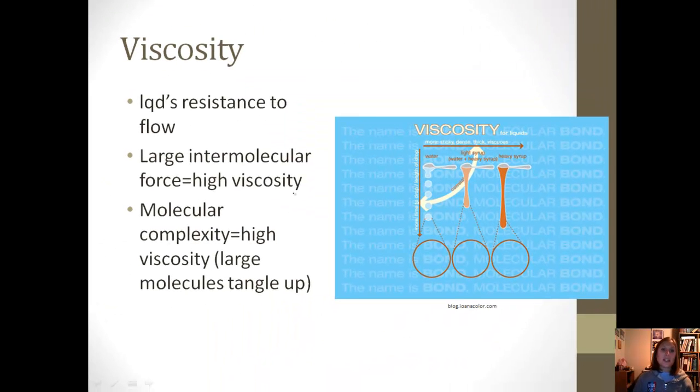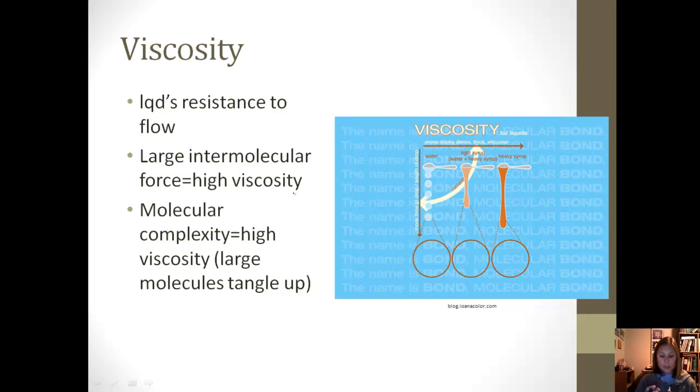Okay, another property of a liquid is viscosity, and this is a liquid's resistance to flow. Again, it's due to large intermolecular forces. The larger the intermolecular force, the higher the viscosity. The less likely it is to flow, or the more resistance it has to flow. And this is also based on molecular complexity.